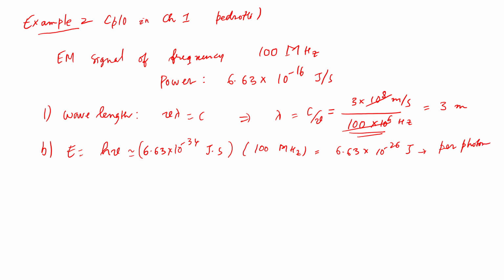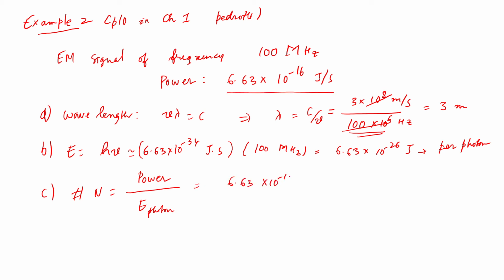Now if you want to calculate the total number of photons, then we take the power that we have divided by energy per photon. So the power we have is 6.63 times 10 to the power minus 16 joule per second, and energy per photon is 6.63 times 10 to the power minus 26.